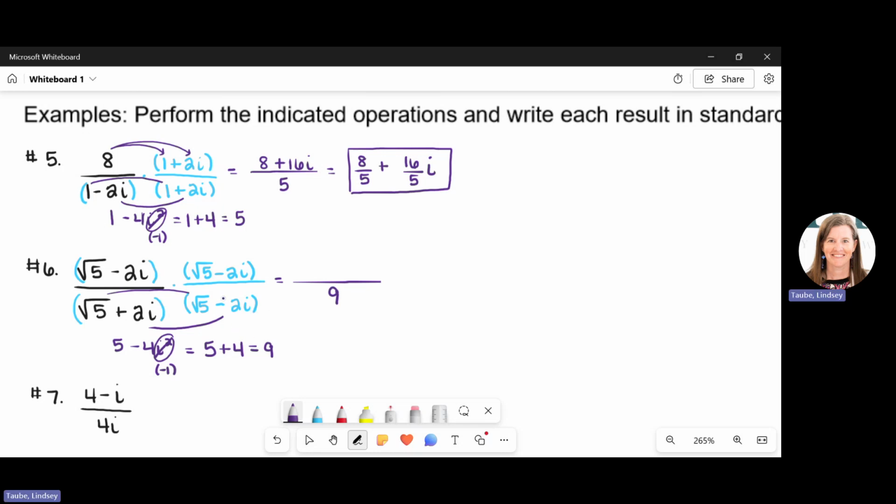And then we do have to expand out the numerator, right? This is actually a perfect square trinomial if we want to be technical about that. So we would have radical 5 times radical 5, which is 5. And then we're going to have 2, right? Negative 2i radical 5s when you look at that. So negative 2i radical 5 and negative 2i radical 5 would be negative 4i radical 5.